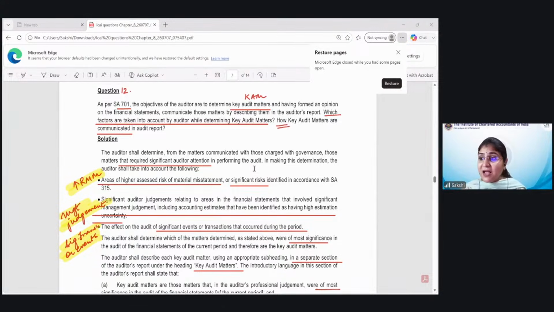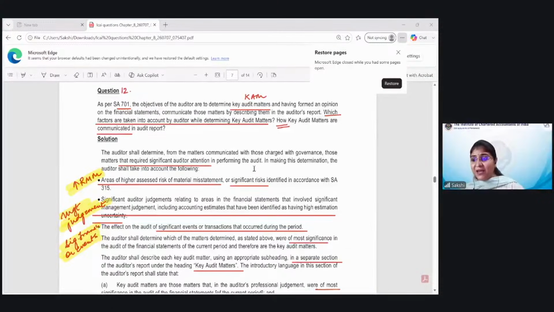Key audit matters are matters which, as per the professional judgment of the auditor, are the most significant matters in the auditor's knowledge, and he wishes to communicate these matters to TCWG.